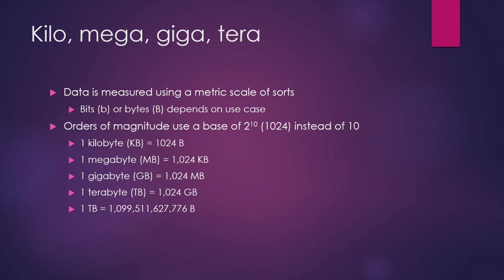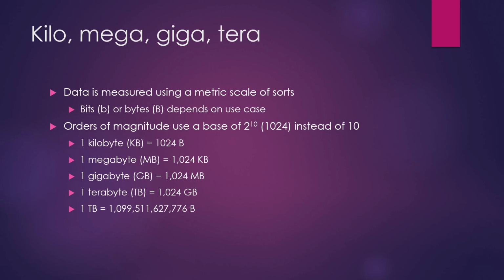And now we'll move on to the metric system of binary. We can use this measure with bits or bytes, bits being a lowercase b and bytes being an uppercase B. These two are used in different applications.